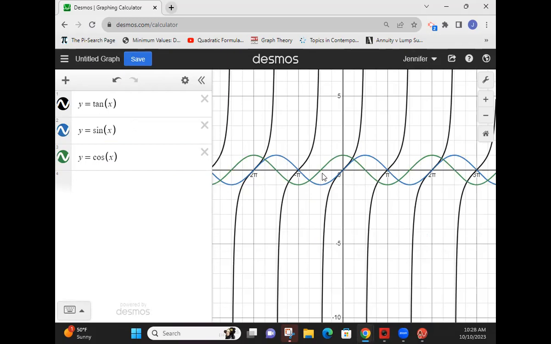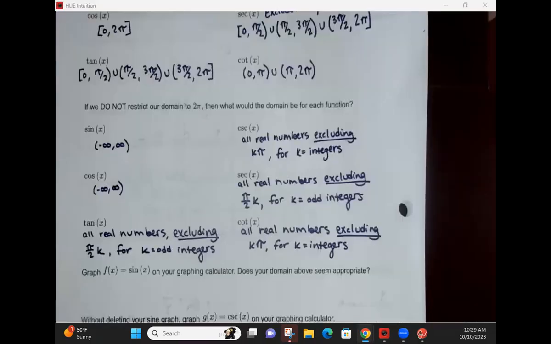Tangent is sine over cosine. So if cosine is 0, tangent is going to be undefined. And then we've got places where tangent is 0. That matches with anywhere that sine is 0. So these should all make sense, how those domains fit together, okay? Questions for me for today? All righty.